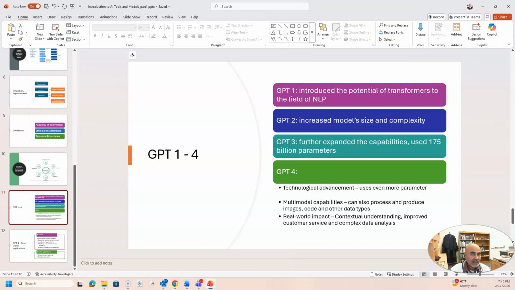It can aid you in analyzing complex data and can create content across various industries. It is really setting new standards in all these technological advances with its multimodal capabilities and its real-world impact.